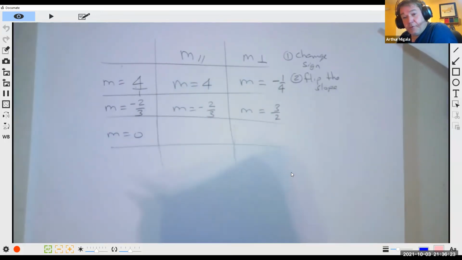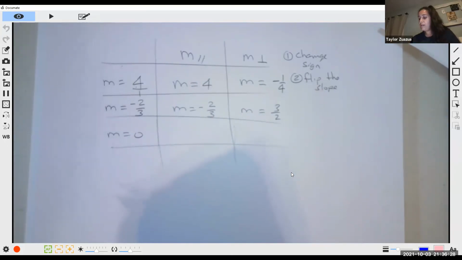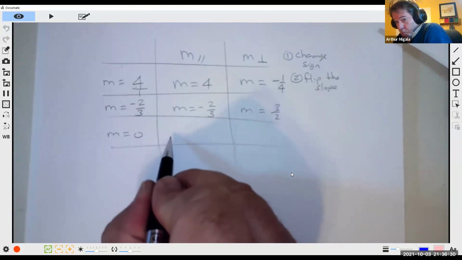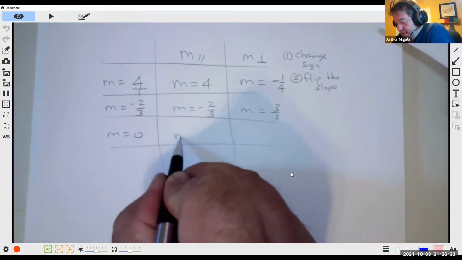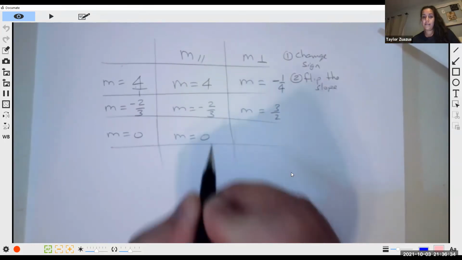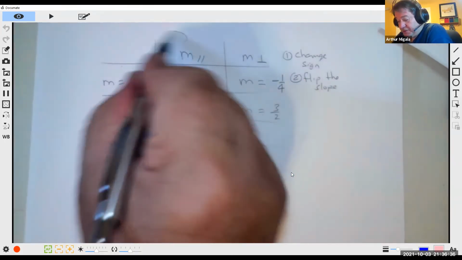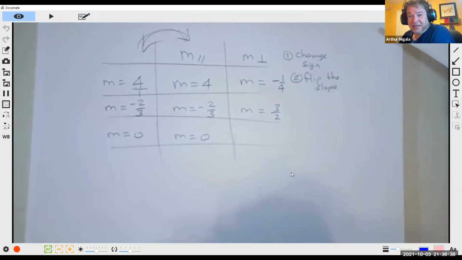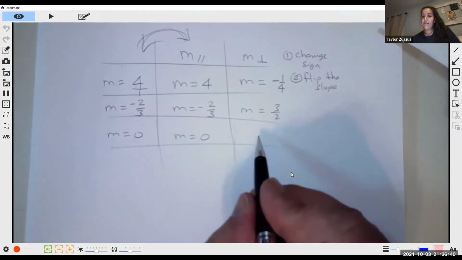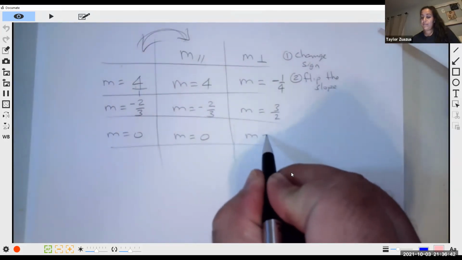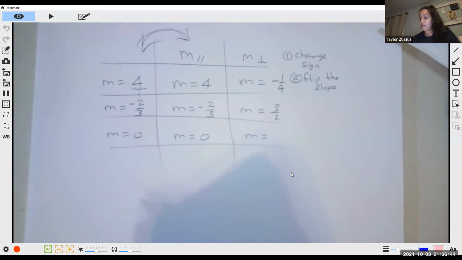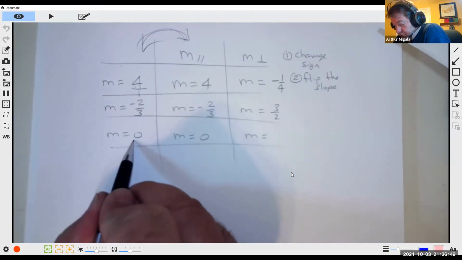If the slope is 0, for the parallel, it'd be 0, because the parallels would be exactly the same. And then you change the number, wouldn't it be 1 over 0? But remember, 0 is 0/1.